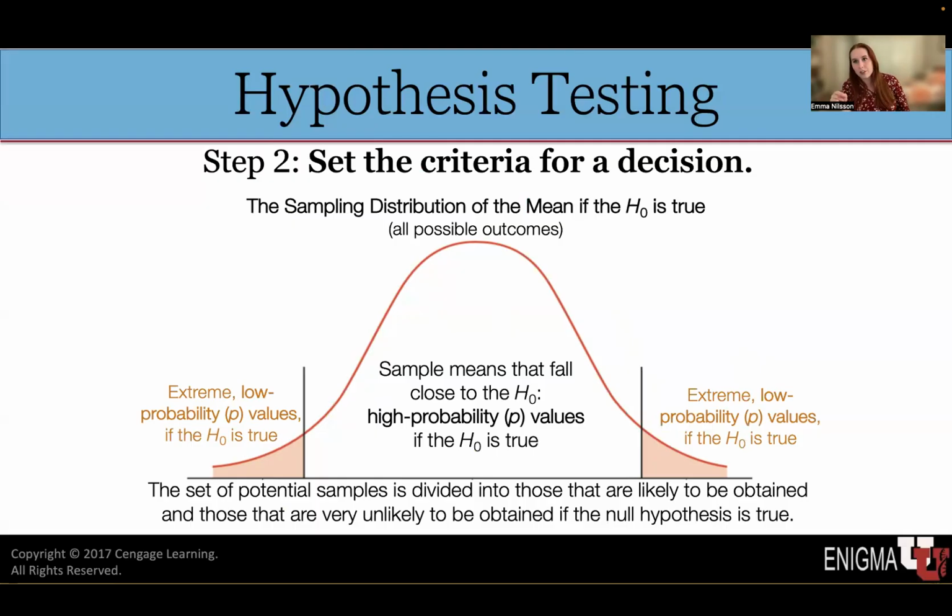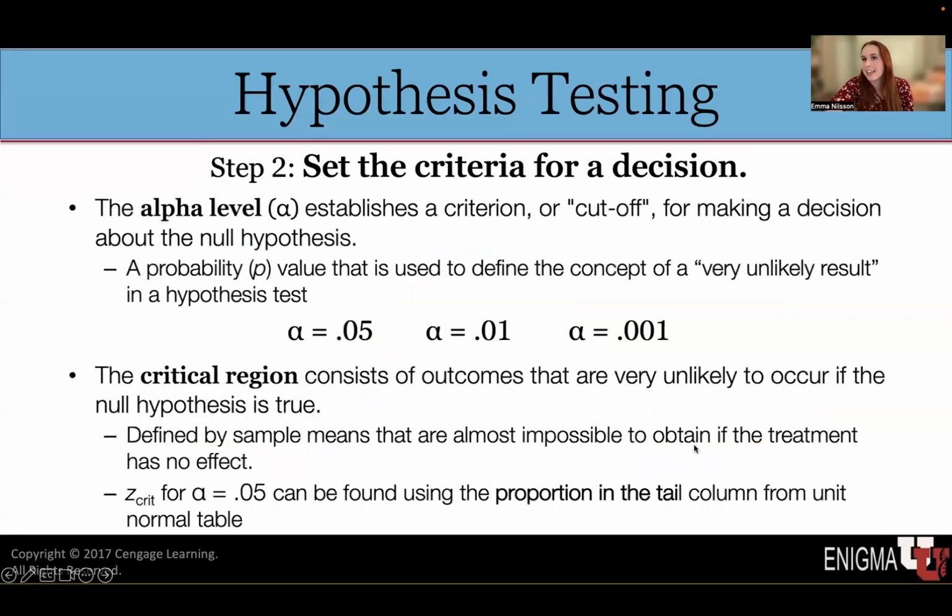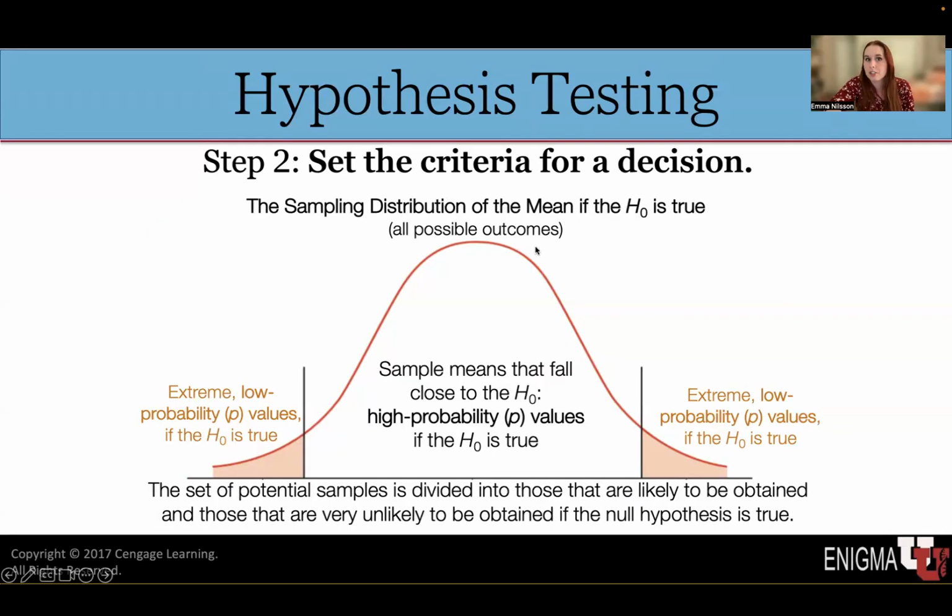So to formalize our decision process, we use the null hypothesis to predict the type of sample mean that we should obtain if there is no effect from the treatment. We can see that here in the sampling distribution of the mean if the null hypothesis is true.